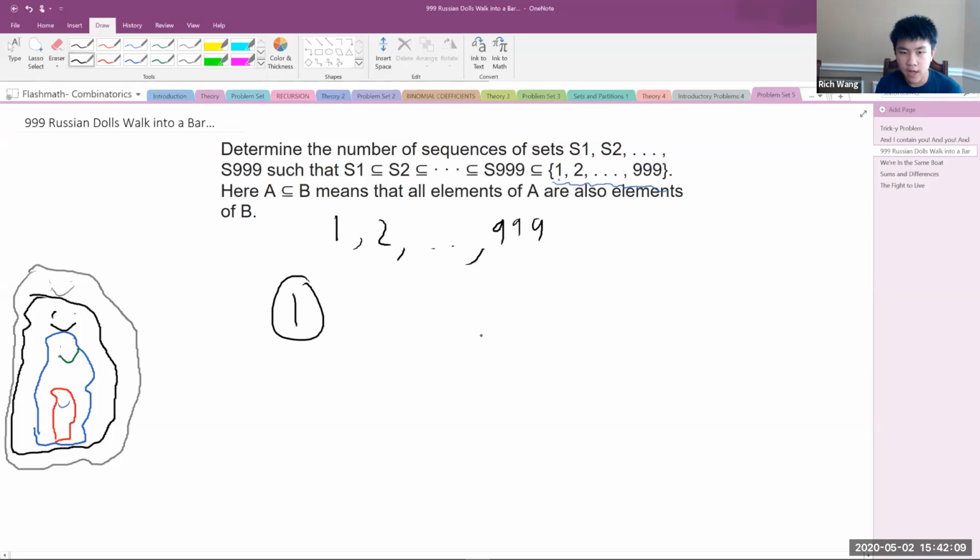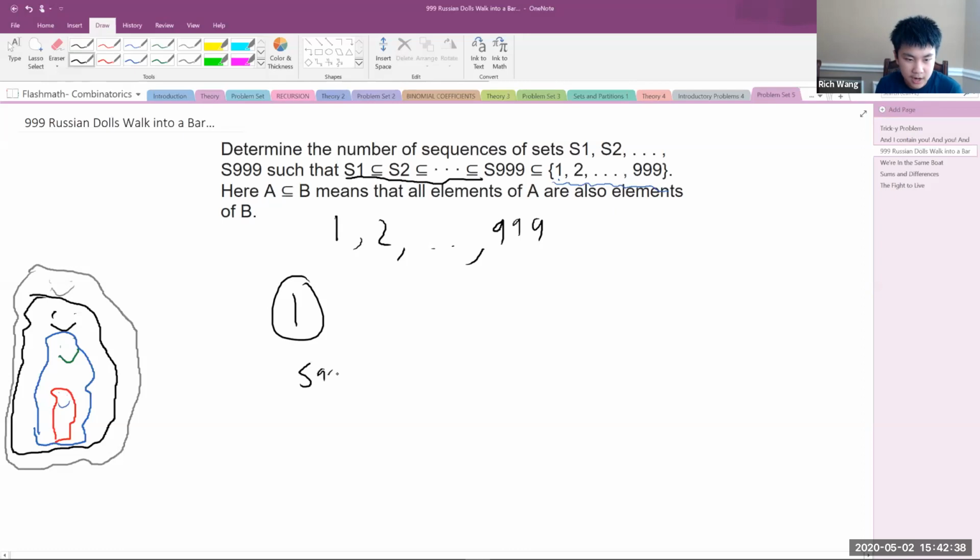The way we're going to be doing this is let's look at the first set that it is included in. So for example, if element 1 is included in set 999, then because of this chain right here, we know that it must also be included in set 1, set 2, all the way to set 998.